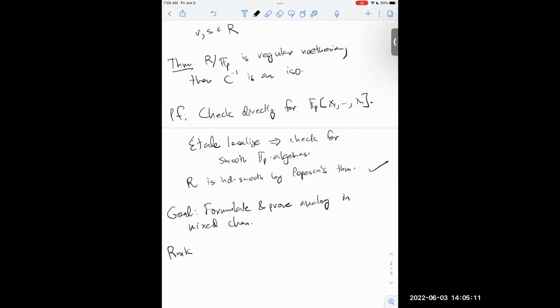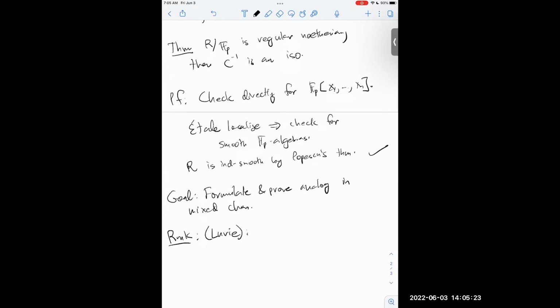And actually here it was sort of helpful, I'll come back to this, to observe something I learned from Jacob Lurie, which is that you can prove the above theorem, the Cartier isomorphism for regular F_p algebras, without using Popescu's theorem, without using ind-smoothness, with a slightly longer, more elaborate argument.